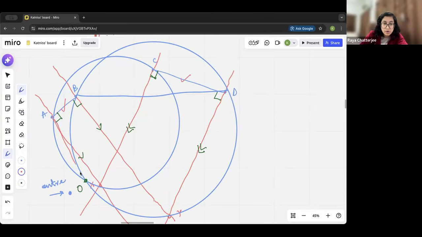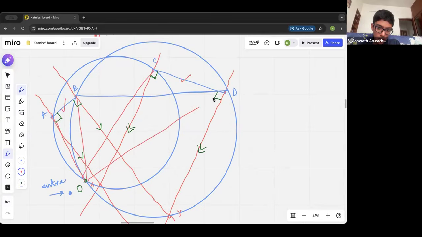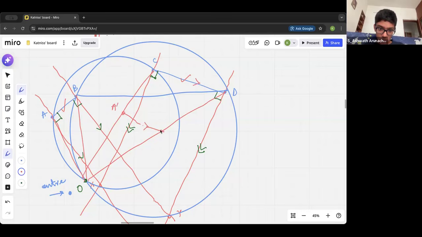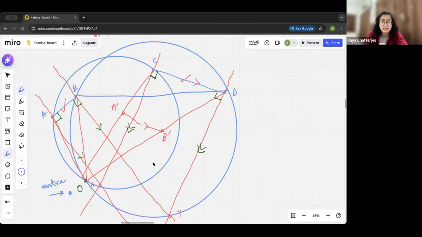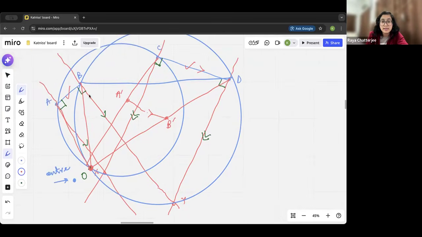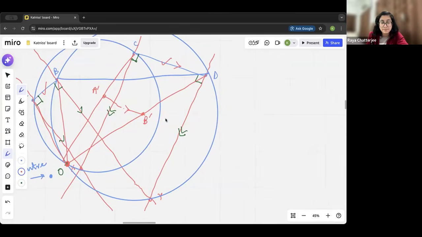Then it is a rotation first and then a dilation, right? If you rotate this triangle OAB, it will lie somewhere here such that these are parallel, A prime, B prime, the same thing I was telling Arham. So this is the center of spiral similarity that sends AB to A prime B prime.